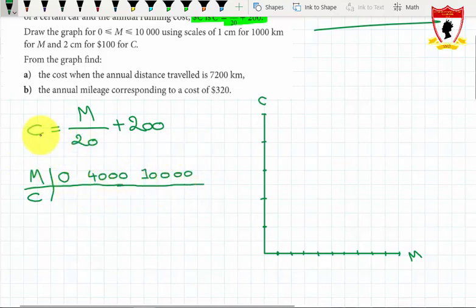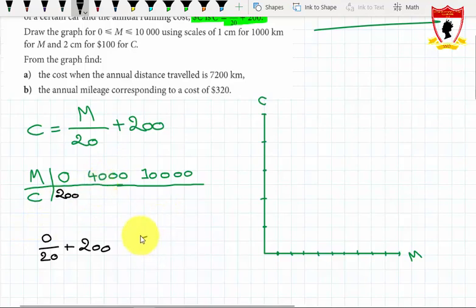Let's work out the value of c for each of these m's. If we put 0 in place of m, we will have 0 divided by 20, then the result plus 200. 0 divided by 20 is 0 plus 200, it is 200.